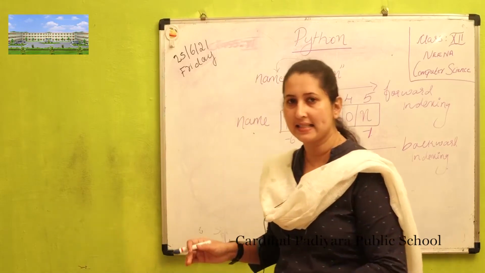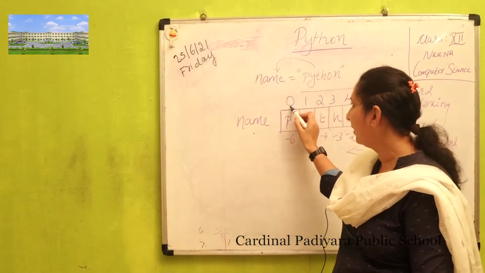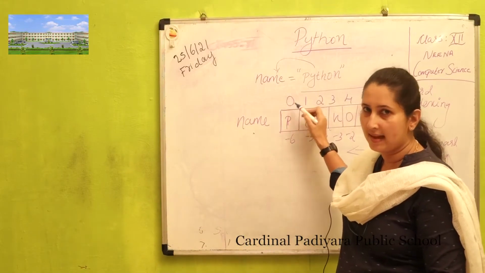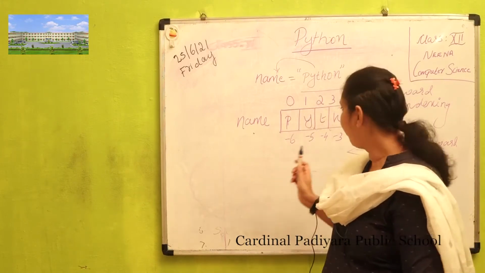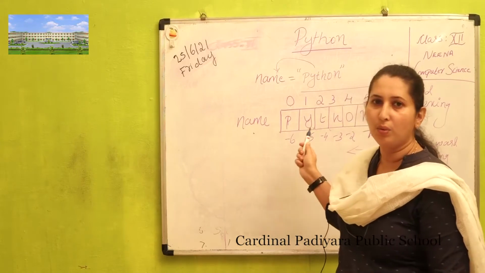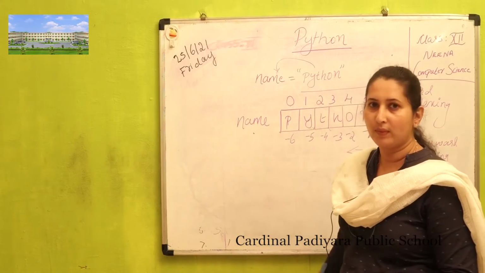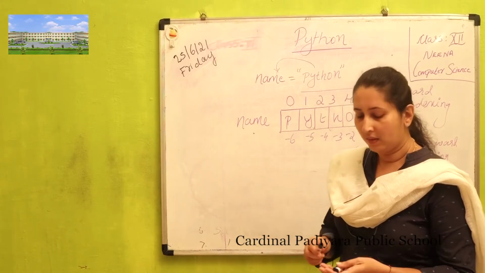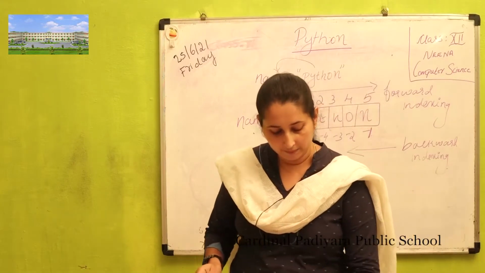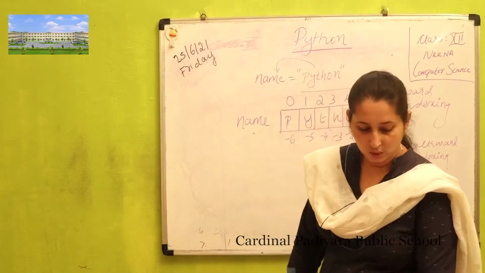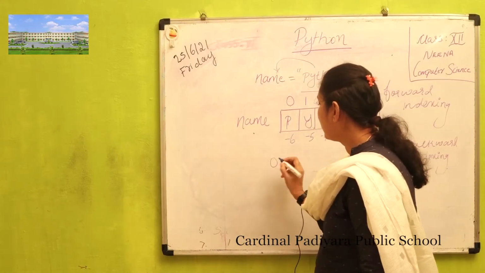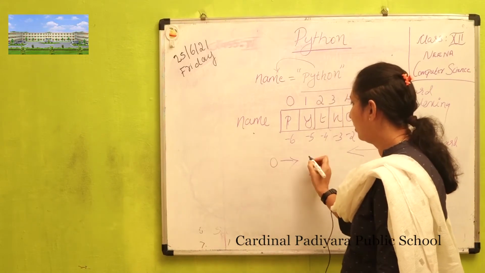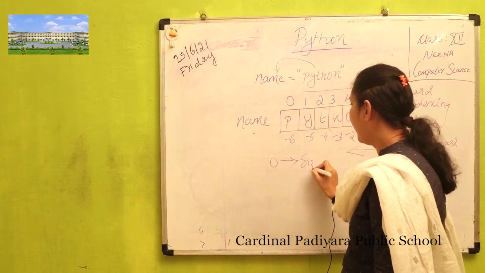In the forward direction, the index starts from 0 to size -1. In the backward direction, it starts from -1 to minus size of the string. You understand? Okay. So the range for the forward direction is 0 to size -1.